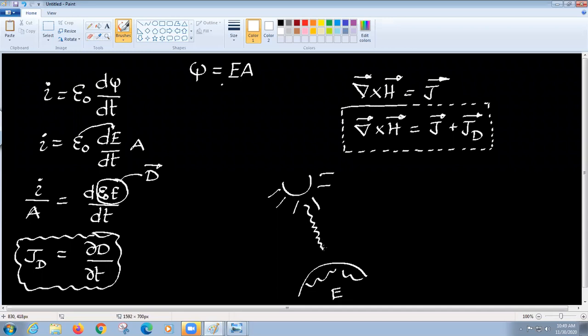It takes around 8 minutes 20 seconds to reach Earth, right? There is no conductor connecting our sun and Earth, yes or not? Otherwise, without any conductor connected between these two objects, still you have energy conveyed from one point to another point.